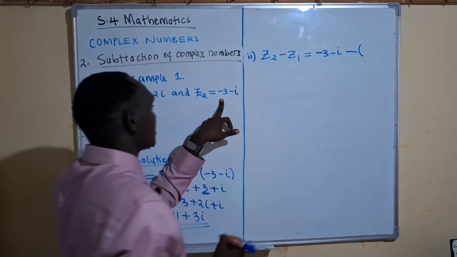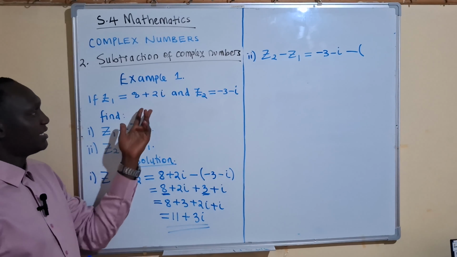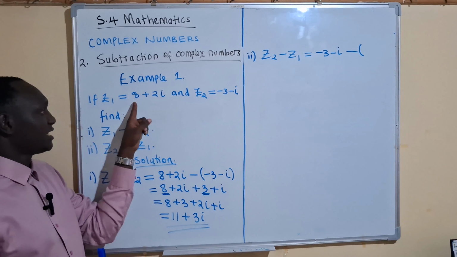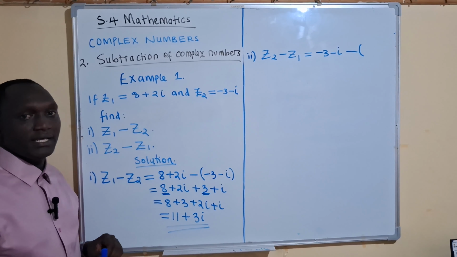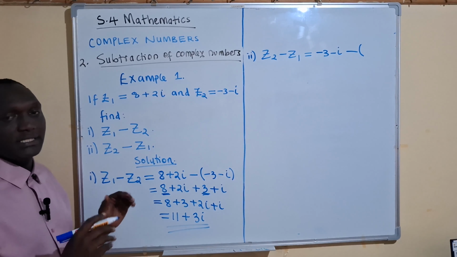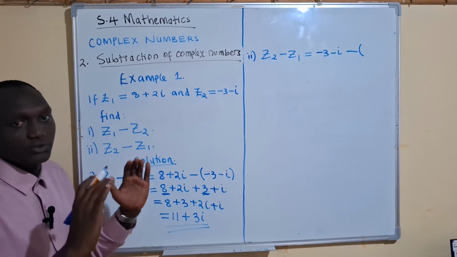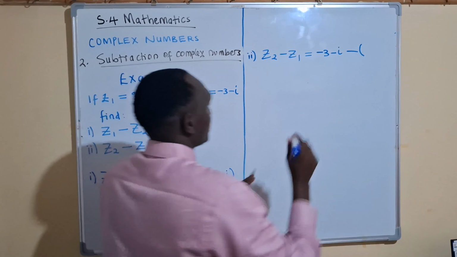So if you are subtracting away z1, which is comprised of more than one term, in this case there are two terms. The first term is the term of the real part, and the second term is the term of the imaginary part. So you put minus, but then you put those terms in the bracket. So here we shall have 8 plus 2i.